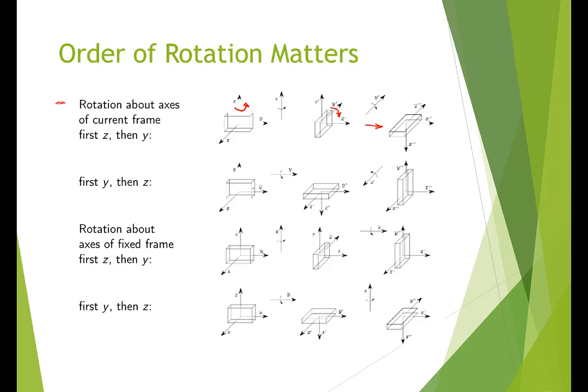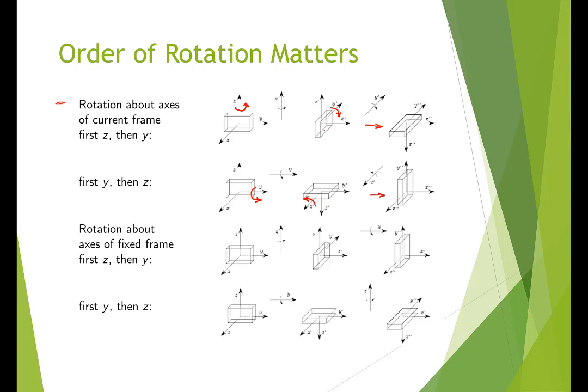First we rotate it around the Y-axis and then the Z-axis of the rotated frame, and we get this object. As you can see, these two are different, and it gives us an insight into how we can merge two rotation matrices to give a final rotation matrix. You can see that order of rotation matters. Doing a ZY rotation is different from doing a YZ rotation.